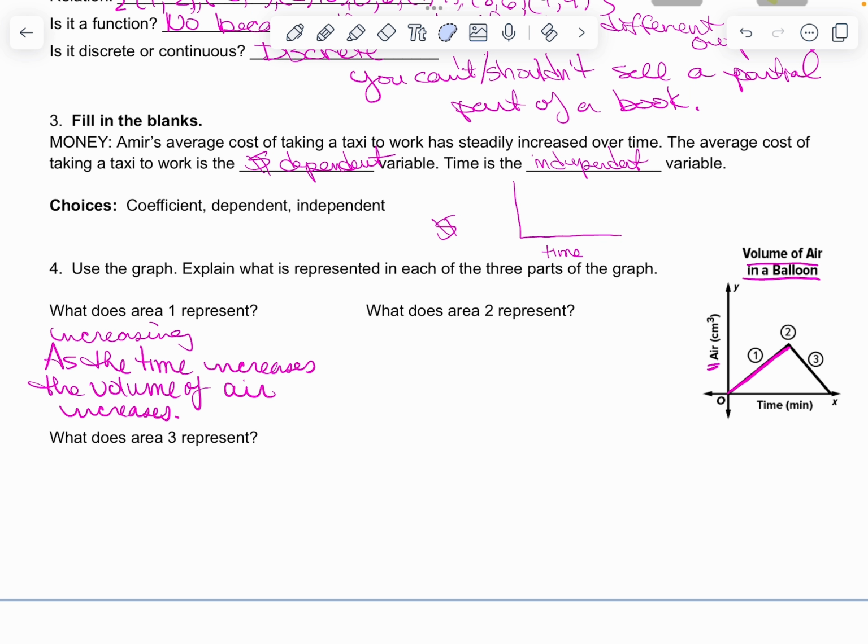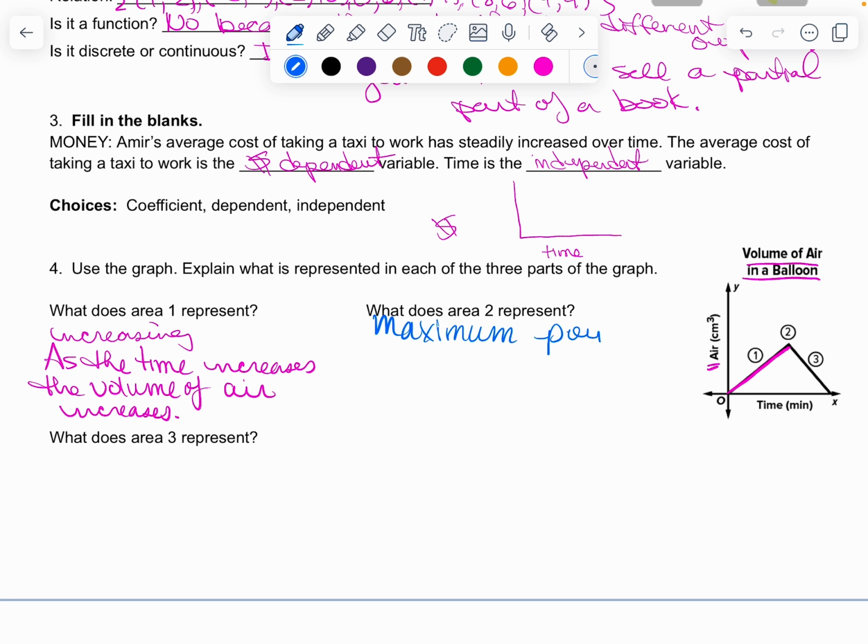Area 2, I'm actually going to change color. Okay. Area 2 is this part right here. Okay. This is my maximum point. It's not a relative maximum. It's the actual top of the graph. It is my actual maximum point.